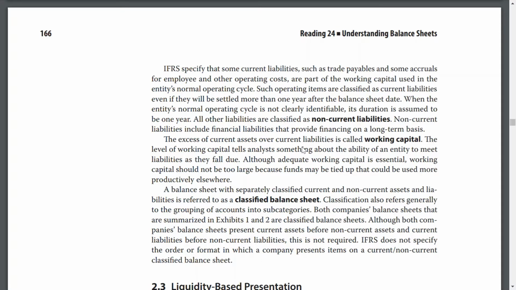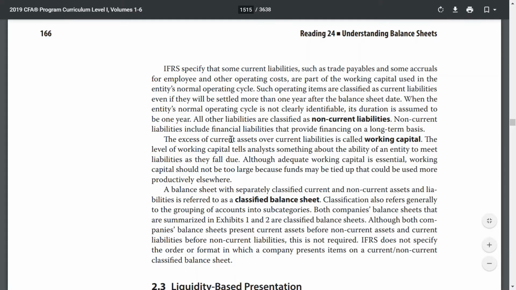Such operating items are classified as current liabilities even if they will be settled more than 1 year after the balance sheet date. When the entity's normal operating cycle is not clearly identifiable, its duration is assumed to be 1 year. All other liabilities are classified as non-current liabilities. Non-current liabilities include financial liabilities that provide financing on a long-term basis.